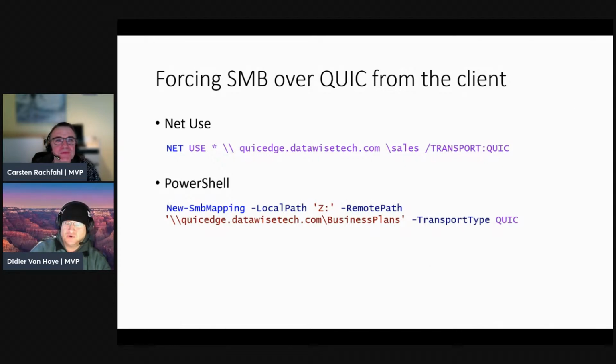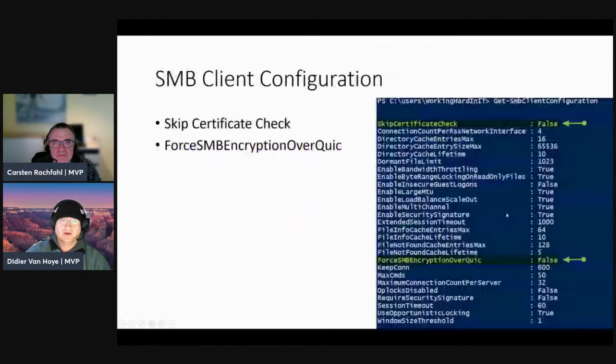And what you normally do is to force it in the firewalls. You will block TCP 445 and allow UDP 443, so it should work. But even if TCP is still allowed, with net use, you can say, hey, I want you to use QUIC, or with PowerShell with an SMB mapping, you can also say, hey, use QUIC, right?